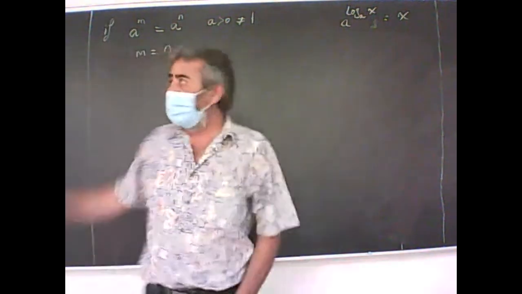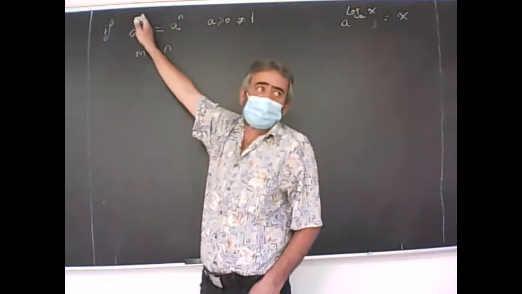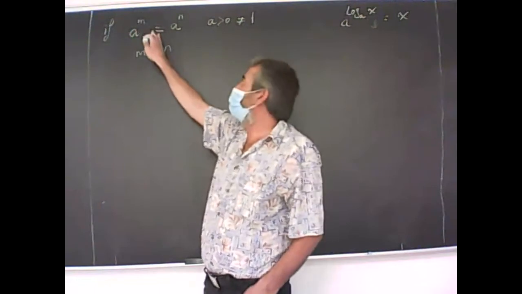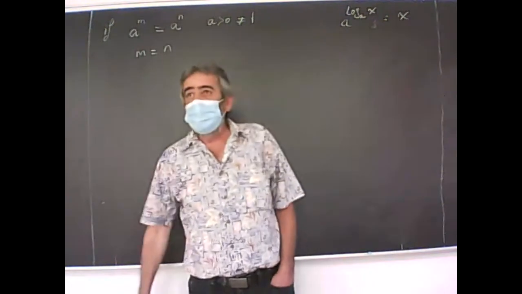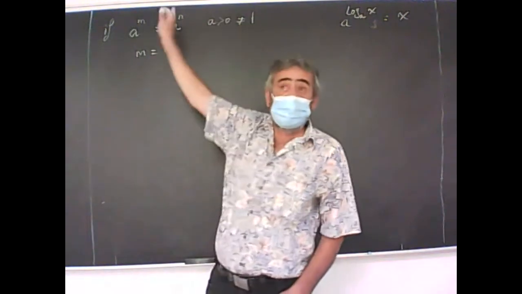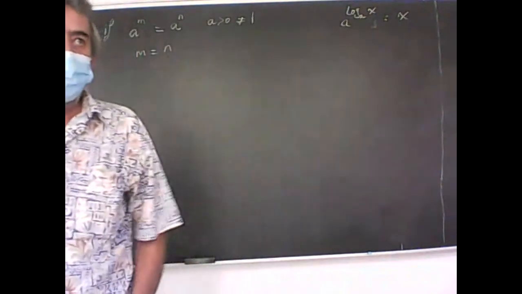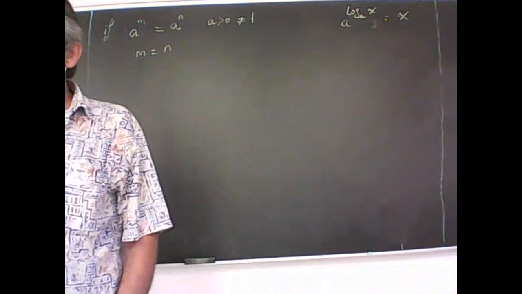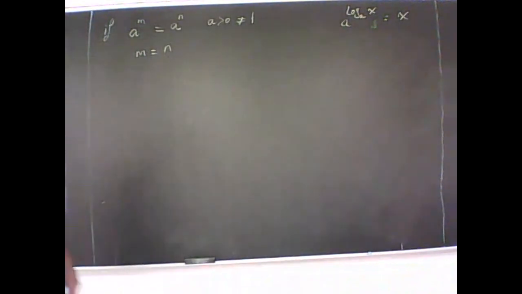So here's what we have. We have this scenario where we have a base raised to a certain power equal the same base raised to a certain power, and that base is not 1, then those two powers must be equal to each other. Yes? All right, so we're going to use this to solve a certain equation.